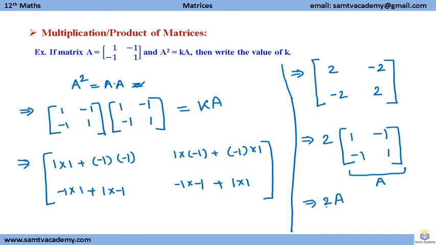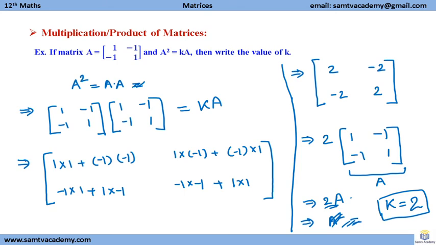So what we got here is A square equals 2A, so the value of K here is equal to 2, because A square is equal to what we got, 2A, so we can say that the K value will be 2.